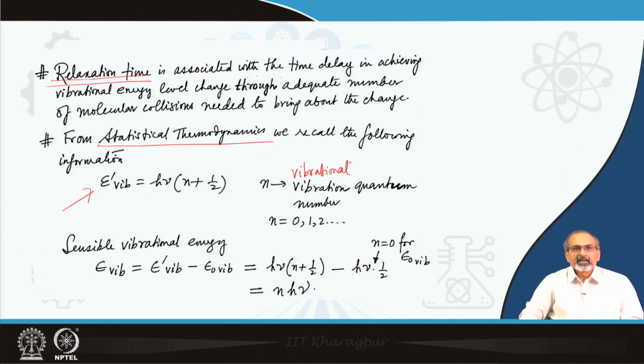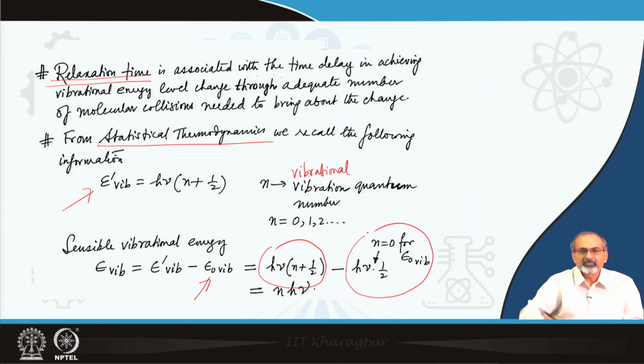The sensible vibrational energy, on the other hand, can be obtained from the epsilon dash expression by subtracting epsilon 0, the 0 level energy, because n is equal to 0 for the 0 level energy. Correspondingly, the epsilon vibrational equation comes out to be n h nu. Now, this is a very important result which we will now require. This result will be plugged in suitably. So, let us see where it goes.